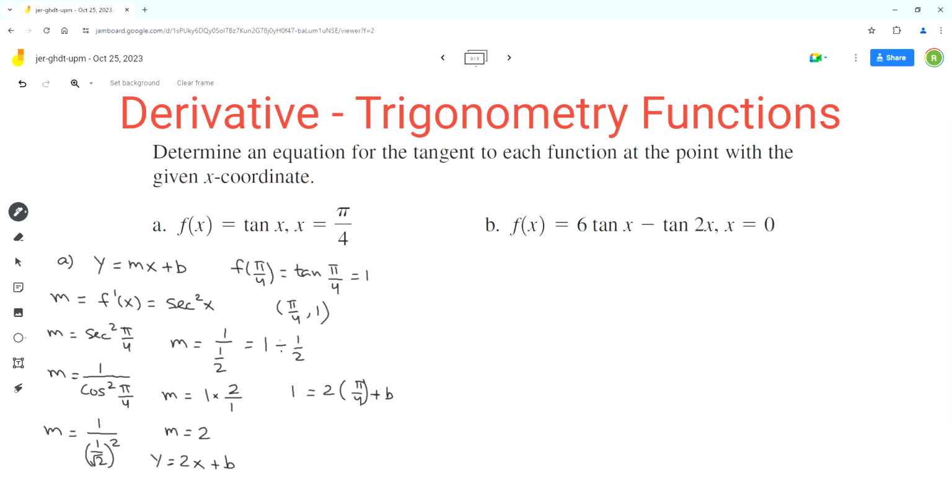Now we can simplify 2 times pi over 4. So we get 2 pi over 4, which reduces to pi over 2. We can also get pi over 2 if we simplify the 2 and the 4.